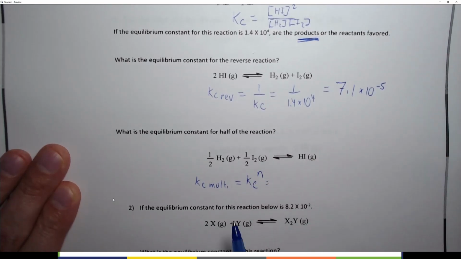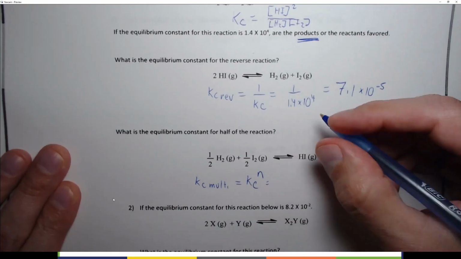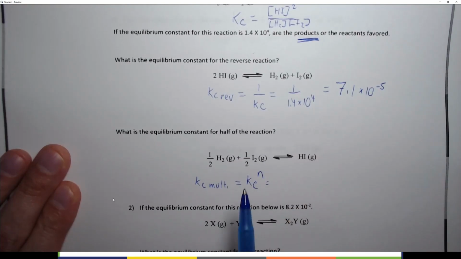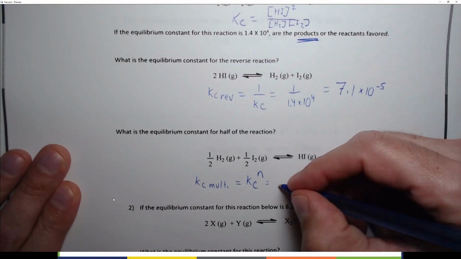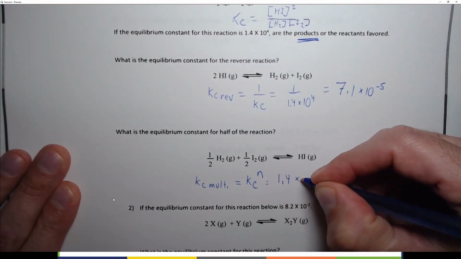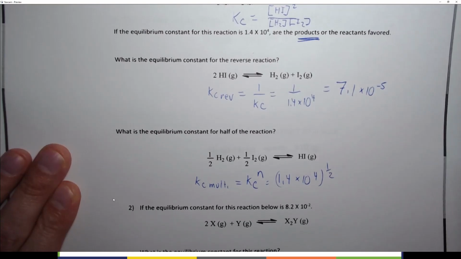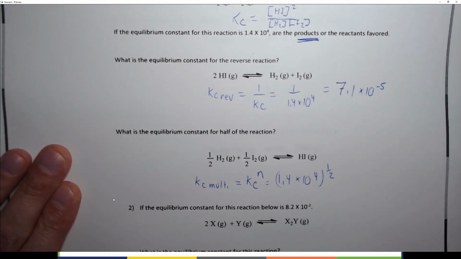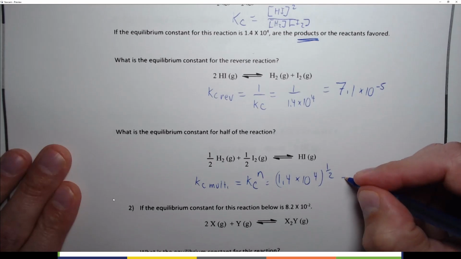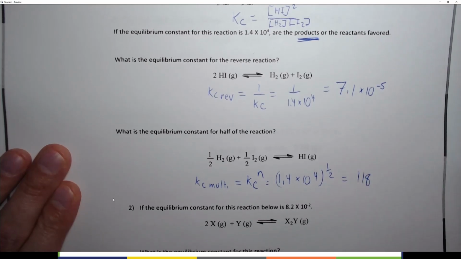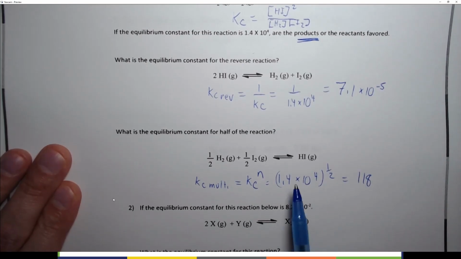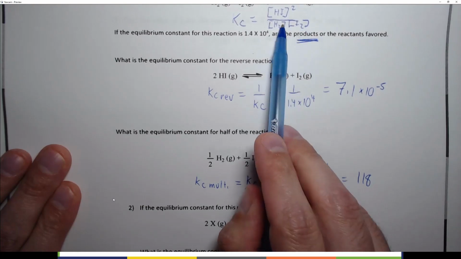In this case, n is half because we halved everything. So the original Kc up here is 1.4 times 10 to the 4. And we need to raise that to the 1/2. Said another way, we need to take the square root of it. And when we do that, we get 118. So if we halve everything, all these powers change by half.